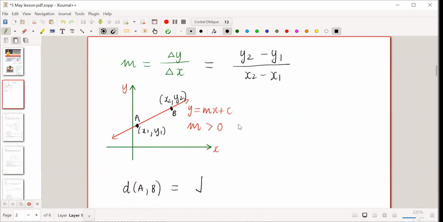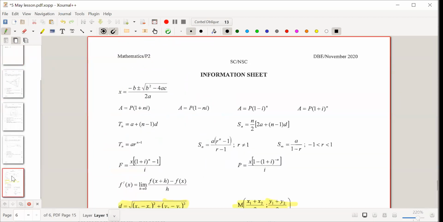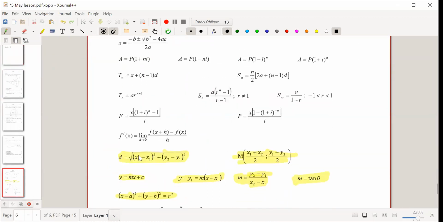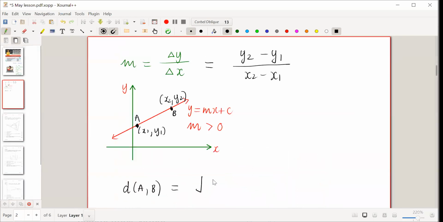Okay, so I'm just quickly summarizing what it is that we were required to do. All right, so it's the difference between the x coordinates squared being added to the difference between the y coordinates, of course, taken in the same order when we're doing this, squared again. Okay, so we take x2 minus x1, or if you wish to take x1 minus x2, perfectly fine, being added to y2 minus y1, all squared, and then the root of that.